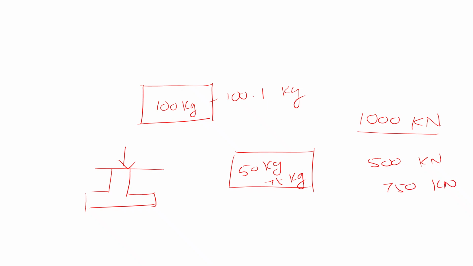So we are now seeing a concept called factor of safety. What is the factor of safety? You will reduce the maximum load that can be applied on the structure. When it comes to intensity, you will be reducing the maximum intensity that will be applied on a soil at its bottom.